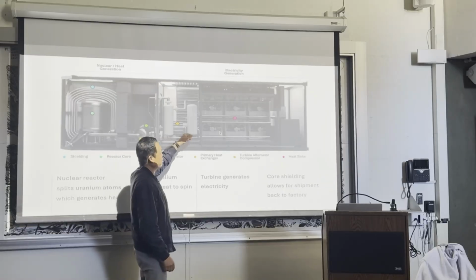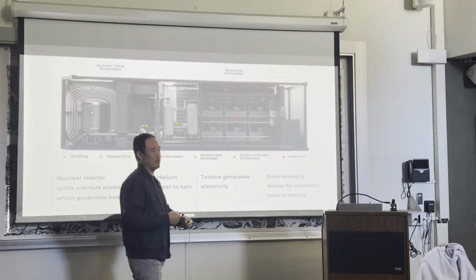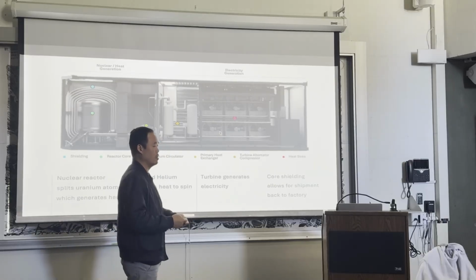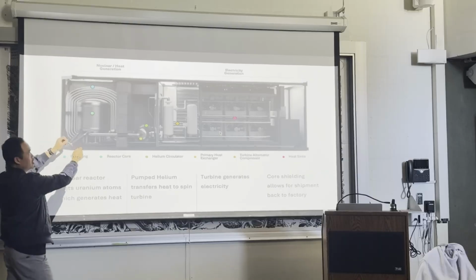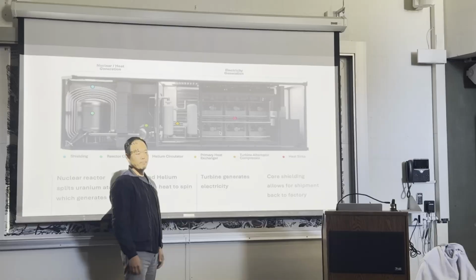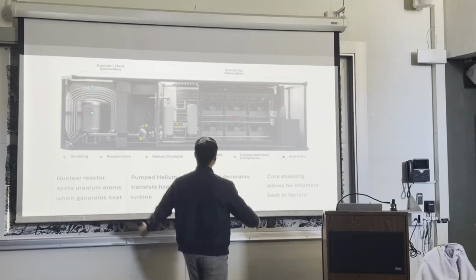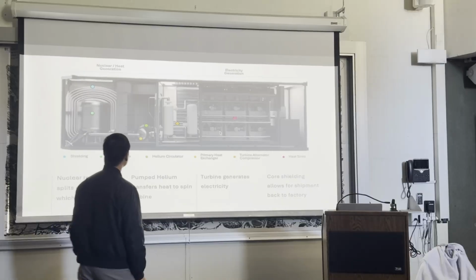Once it starts to turn a turbine, which is an alternator, kind of like a magnet, it generates electric energy, right? So the power cycle goes from thermal to mechanical and then to power generation, which is electrical output. And that's essentially how the reactor works. And this is the size of the reactor, pretty much.